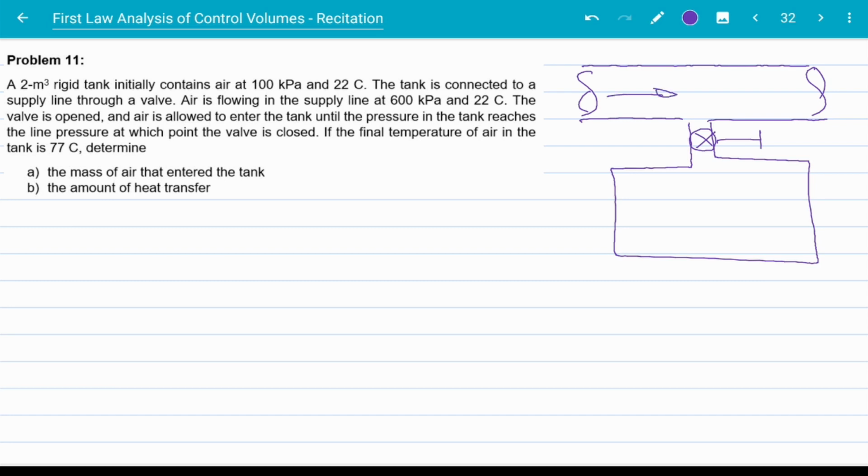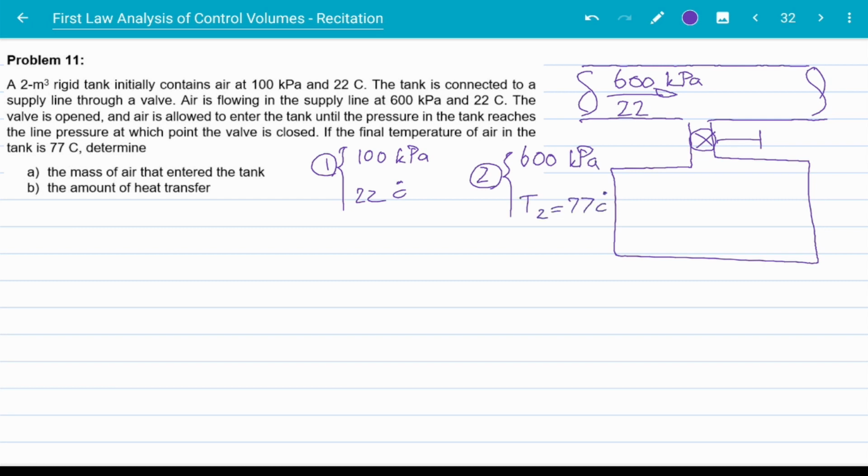So the supply line has a pressure of 600 kilopascals and a temperature of 22 degrees. Initially, the tank has a pressure of 100 kilopascals and a temperature of 22 degrees. And finally, we have 600 kilopascals of pressure inside the tank, and the temperature is 77 degrees Celsius. So let's start with the conservation of mass.